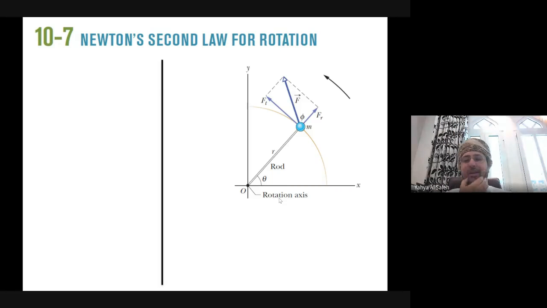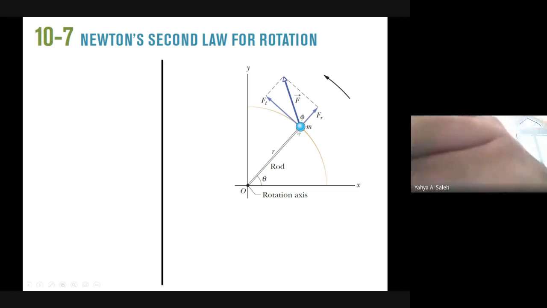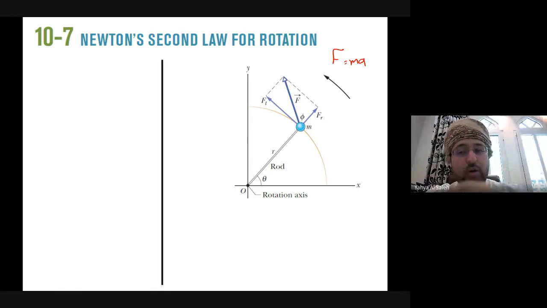So, Newton's second law for rotation. First thing first, who remembers what Newton's second law is just for translational motion? Excellent. It was simply F equals ma. Can you tell me what you think the rotational analog of it would be?